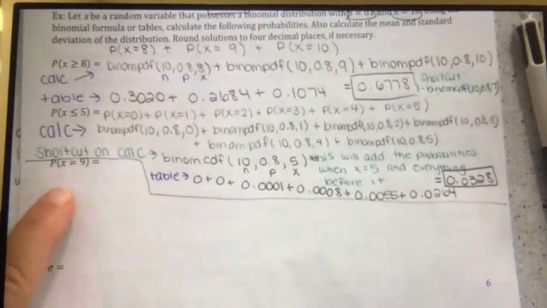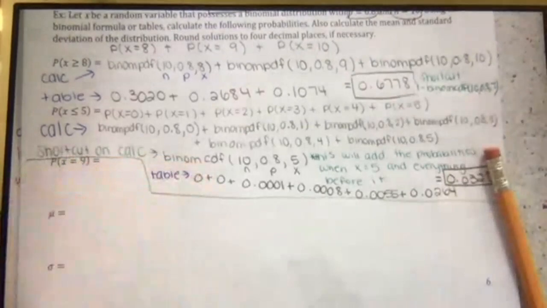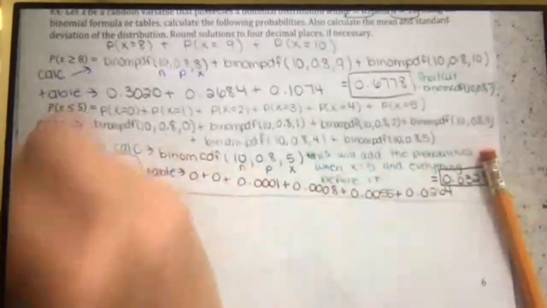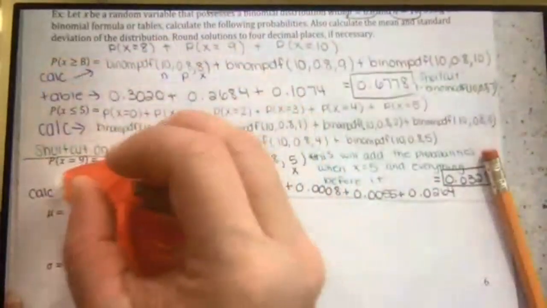After doing all that, these are my favorite. We just have one, when x is 9. So calculator or table, same concept. We're just looking at the probability when x equals 9. So in our calculator, let me do the arrow since I've been doing the arrow.